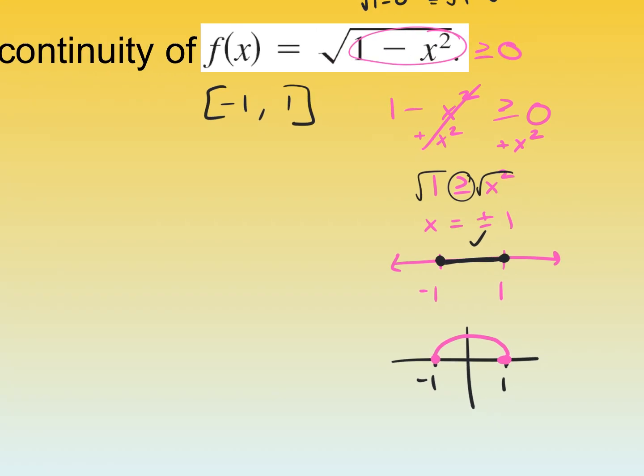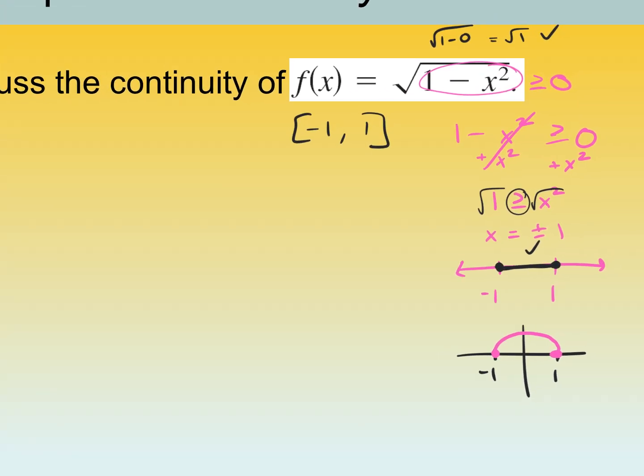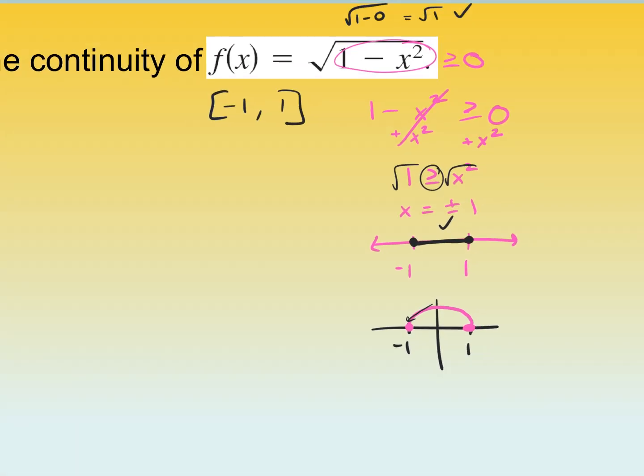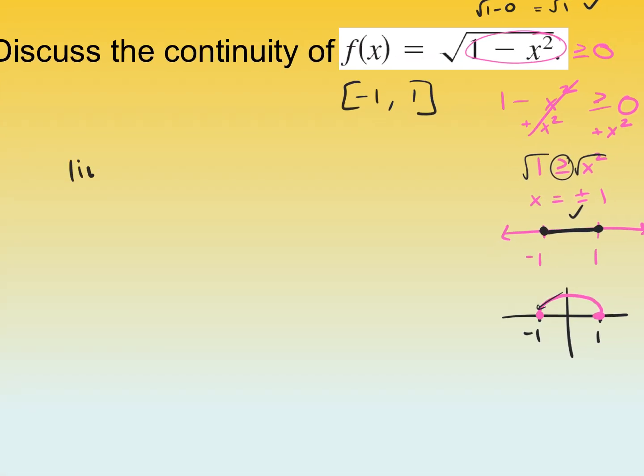But what the book kind of wants you to think about is the limit as x approaches -1 from the positive direction. So if we are coming from the right side here, as we approach -1 from the positive direction, does that exist? Or can we put a bracket? So the limit as x approaches -1 from the positive direction of our function 1 minus x squared, what would that be?